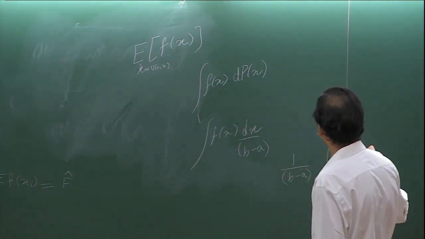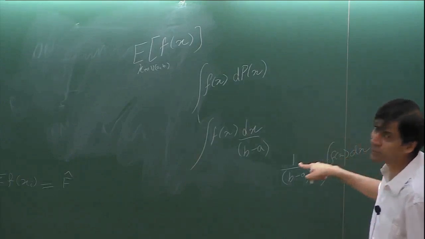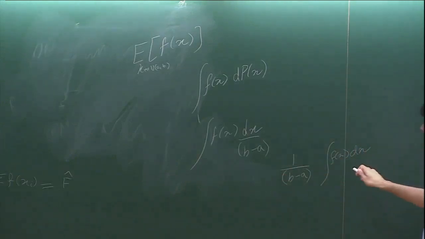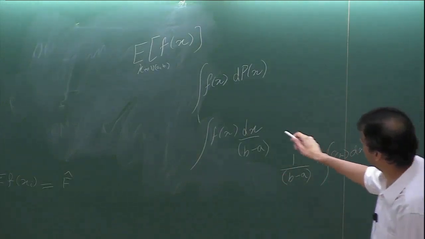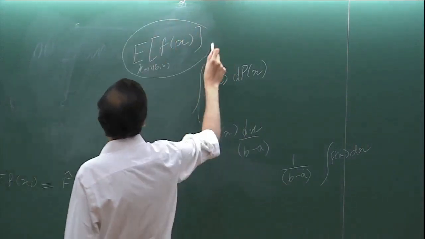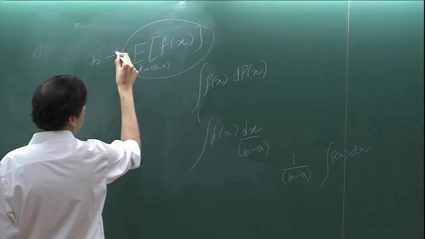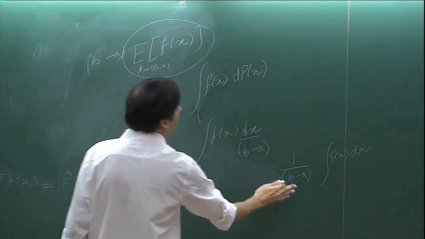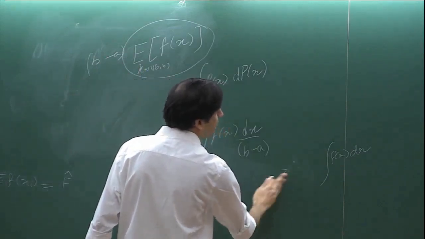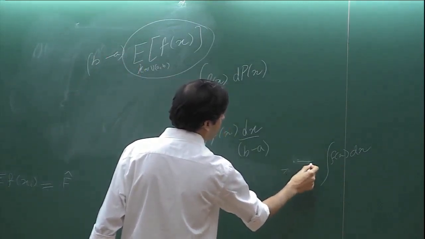And this was the integral that you were interested in. So if you multiply this expectation with b minus a, you will get the integral that you were trying to approximate.